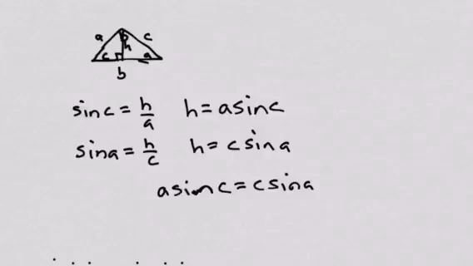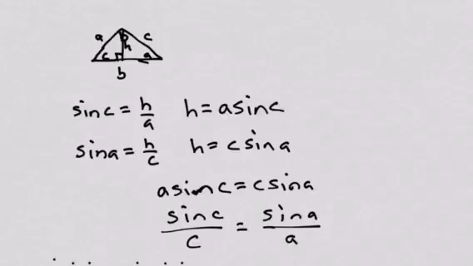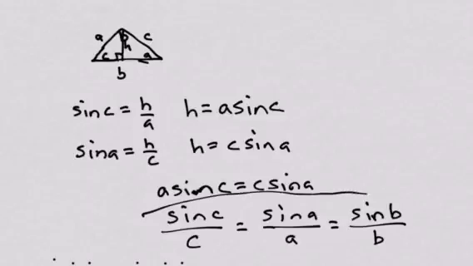And by dividing both sides by side C and by side A, we would get sine C over side length C equals sine A over side length A. By extension, we could do that same process again and prove that that is true for sine angle B over side B. That's our law of sines.